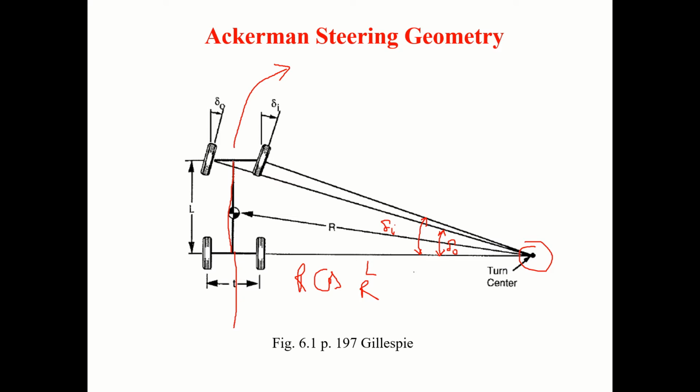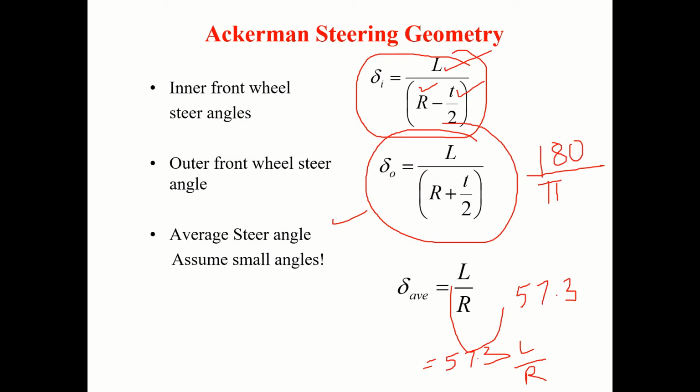This is a triangle. This length is L. This is R. This angle is say theta. R cos theta, where theta is nothing but L by R. That's what you get.